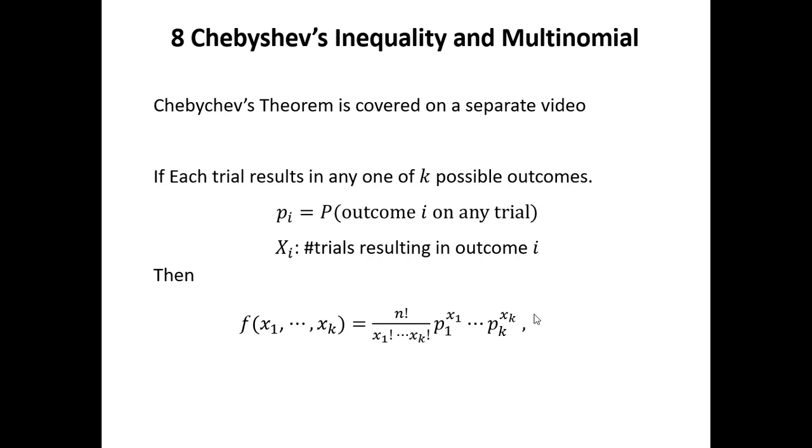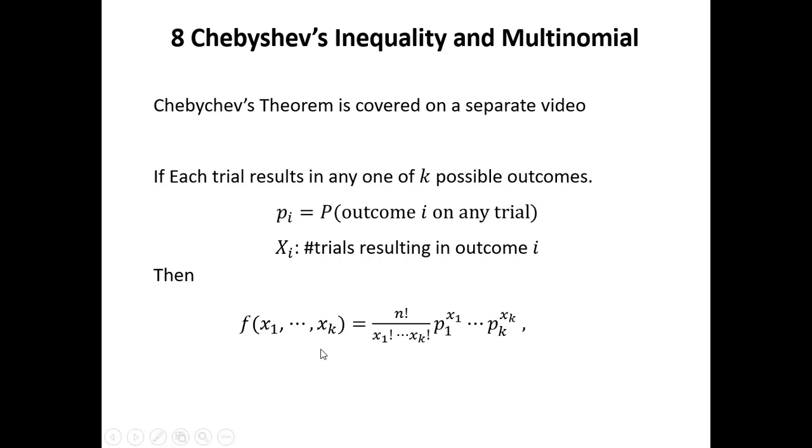And the last item we have here is the multinomial distribution. So this is a generalization of the binomial. The difference here is that you have trials that can result, let's say, in k different outcomes. Okay, the binomial could result in 2 outcomes. You might have a situation where you have 3 outcomes or more.